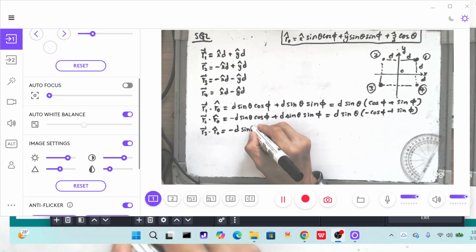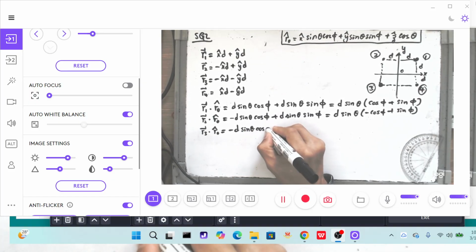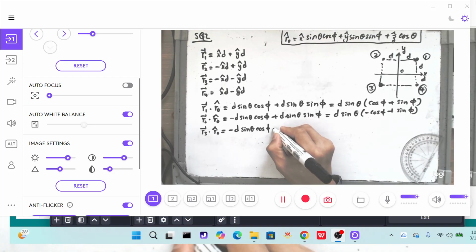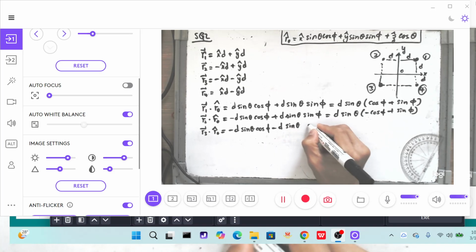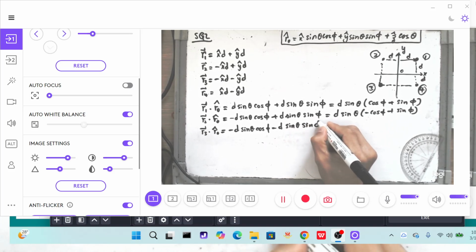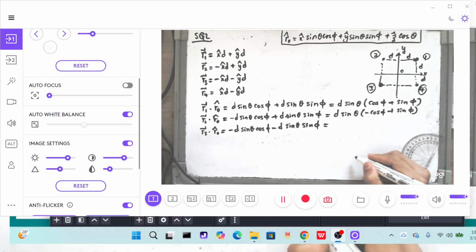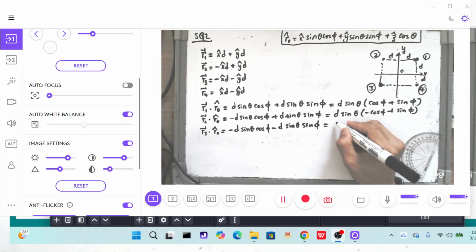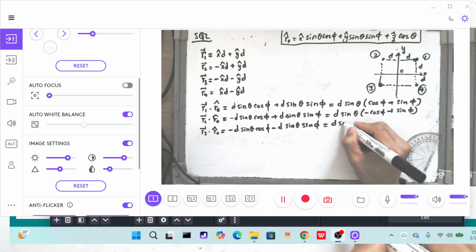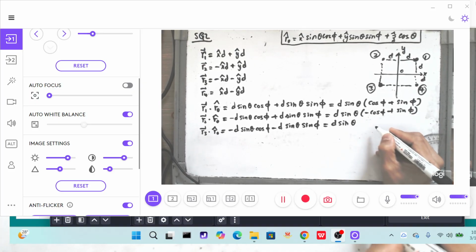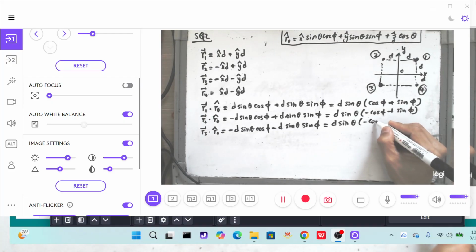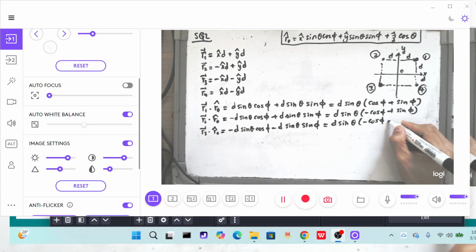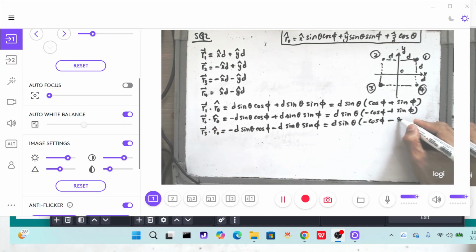We can continue with this process, dot product with r hat naught for the third antenna: minus d sine theta cosine phi, and then minus d sine theta sine phi, and then what we can get here is d sine theta, and then we get minus cosine phi and minus sine phi.